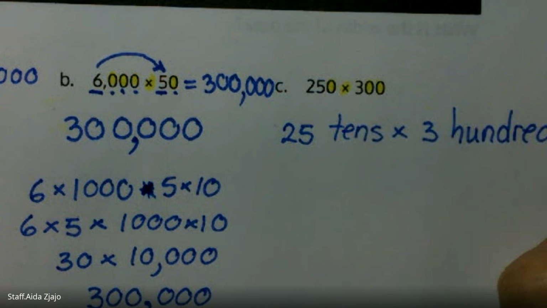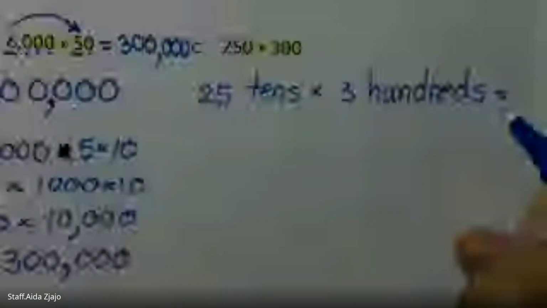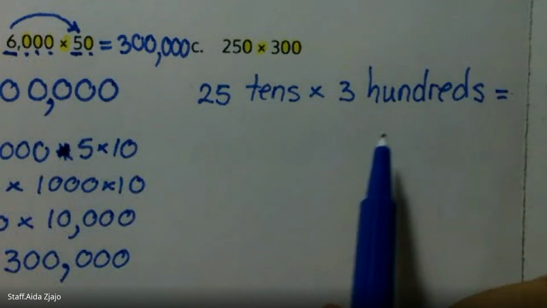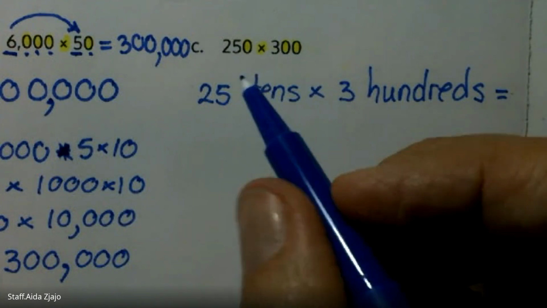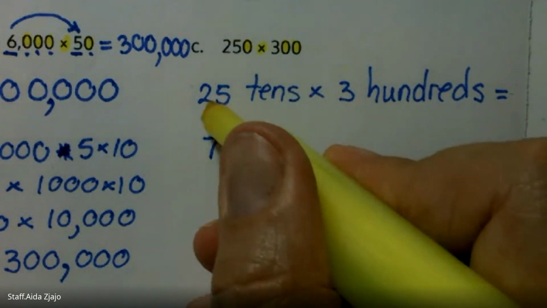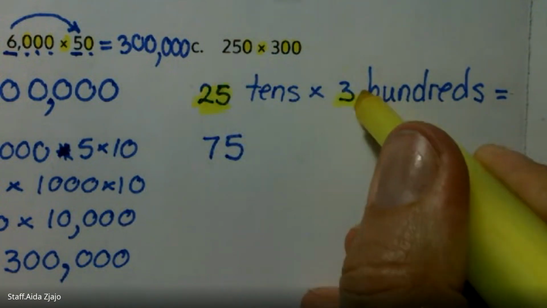You can use this also: 25 times 3, or 3 25s. 25 plus 25 plus 25 is 75. And then because you multiply this with this.